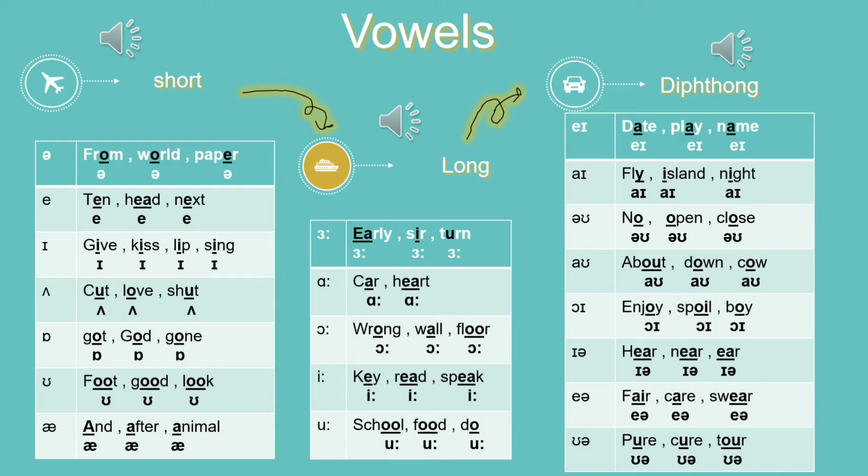Example: here, near, ear. The next is eə. Example: fair, care, swear. The last is ʊə. Example: pure, cure, tour.